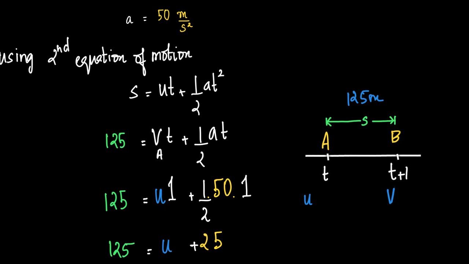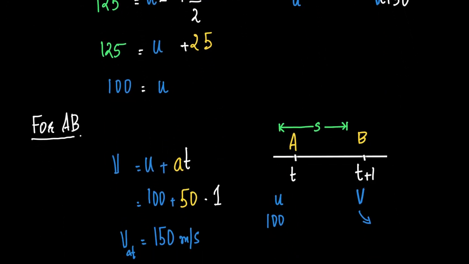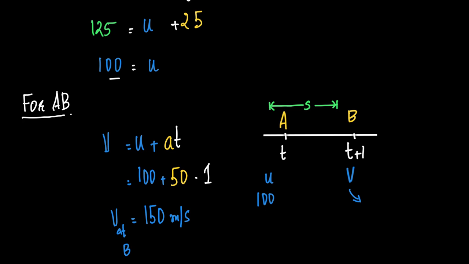The final velocity at B would be u plus 50. So we have 125 is equal to u into t, which is 1. Why is t 1? t plus 1 minus t, plus half into a. What is a? We found out a to be 50 meter per second square. So it is 50 into time, which is 1. So we have 125 is equal to u plus 25. And therefore, the value of u is 50.